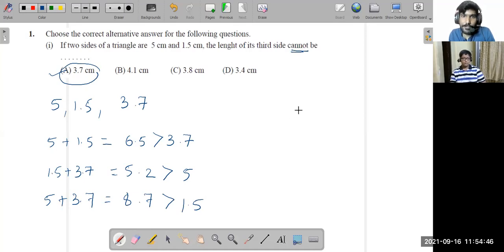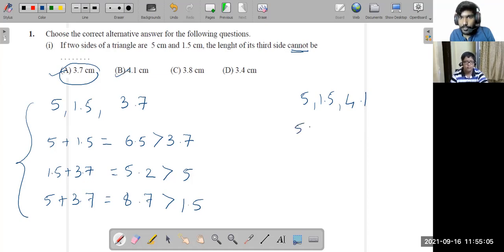Okay, let's check for the second one, 5 and 1.5 and 4.1. Did you understand this? Yes, I understood, sir. So you add 5 plus 1.5. This is 6.5, greater than the third side, 4.1.